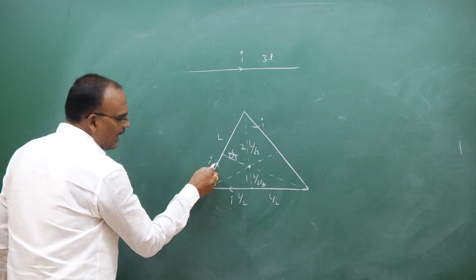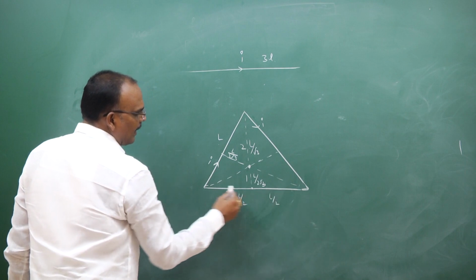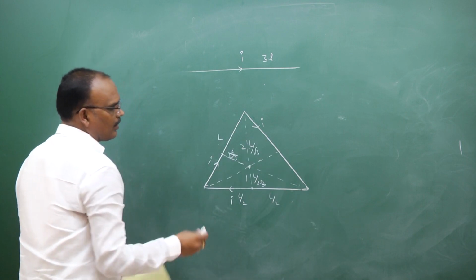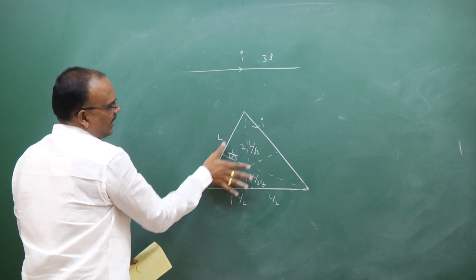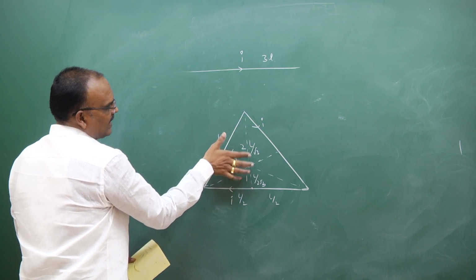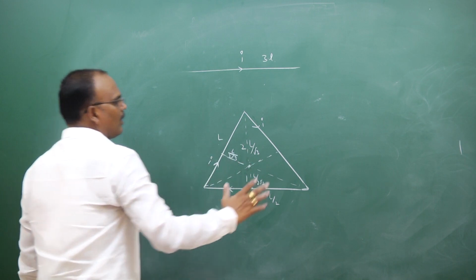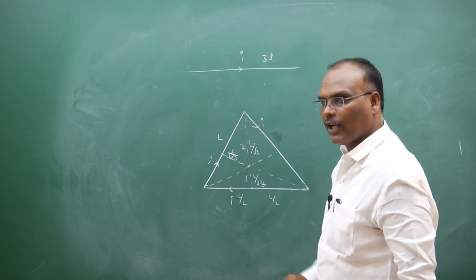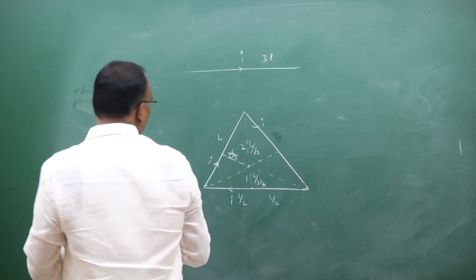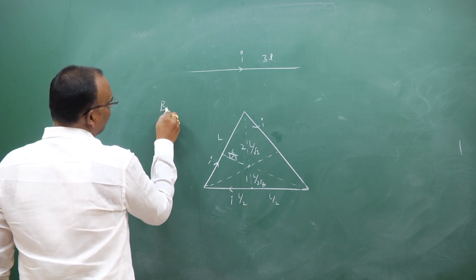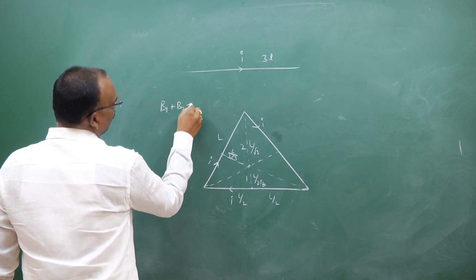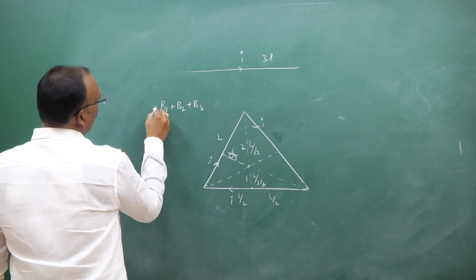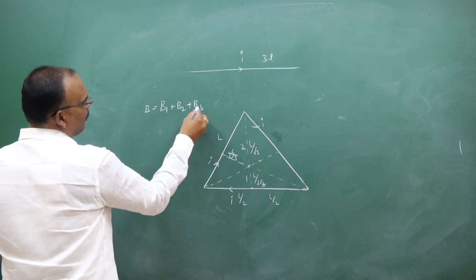See, when a conductor carrying current in an equilateral shape produces a magnetic field, here it is into the page. This one is also into, this one is also into. That means at the centroid, the magnetic field is B1 plus B2 plus B3 is equal to B. B1, B2, B3 are equal.